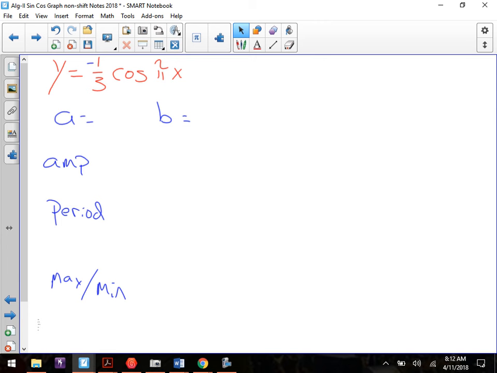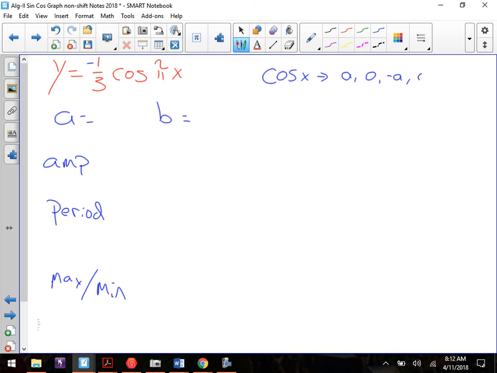So basically cosine starts at its A value, it goes to 0, opposite of A, 0, back to A. Cosine graphs will always start with a basic one: A, 0, opposite of A, 0, and A. Because remember when you have y equals cosine x, your A value was 1, so it started at 1, 0, negative 1, 0, and 1.